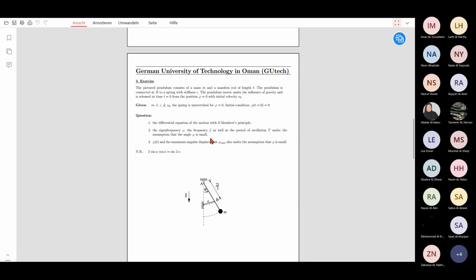The third question is to determine phi depending on time, and the maximum angular displacement phi max, also under the assumption that phi is small.